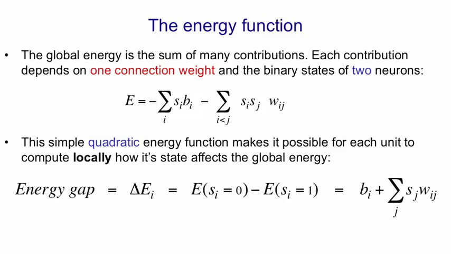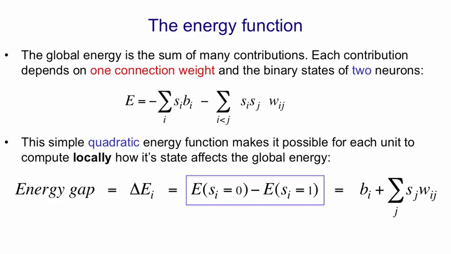The energy gap for a unit i is the difference in the global energy of the whole configuration depending on whether or not i is on. We define it as the difference between the energy when i is off and the energy when i is on. And that difference is just what's being computed by the binary threshold decision rule.